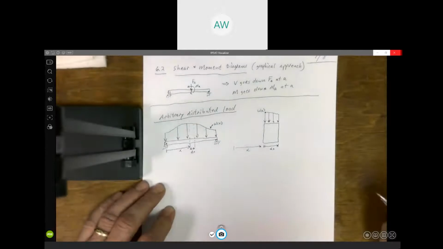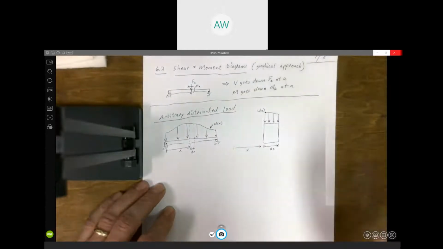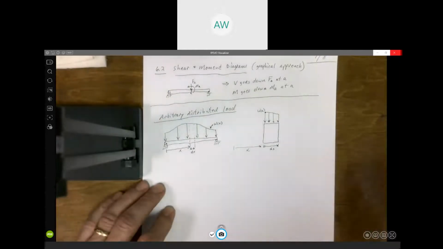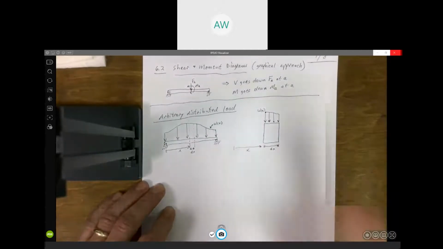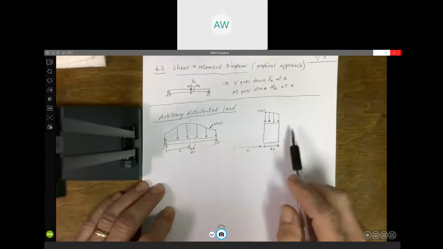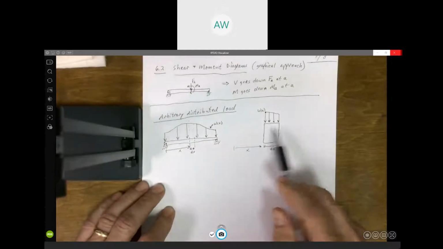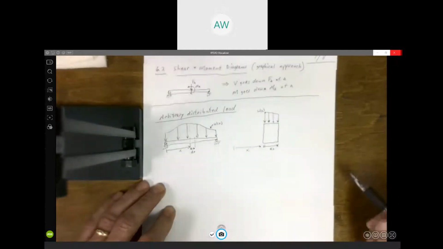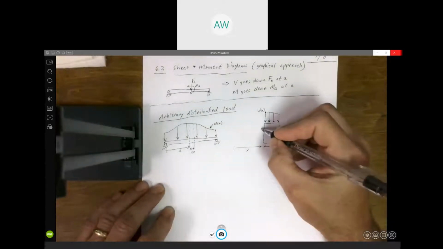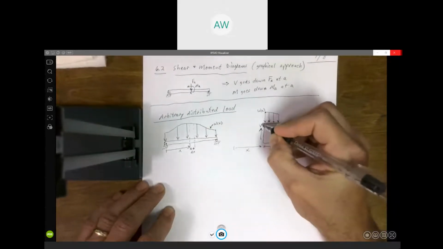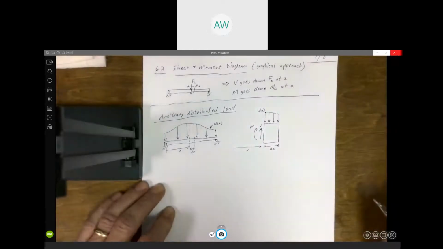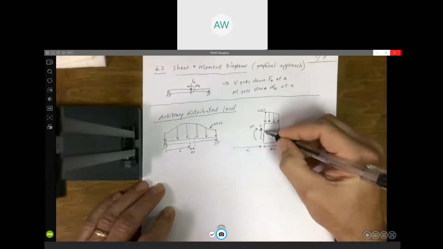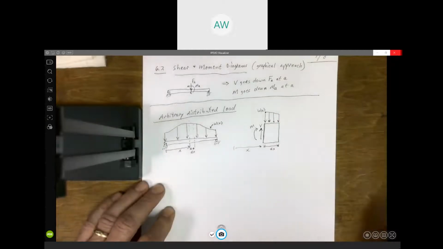And we want to see how the shear force and bending moment change from this surface to that surface, the left side versus the right side. So we're going to have some shear force, call it V, some bending moment M that's acting on this surface, that cross-sectional area of our beam.